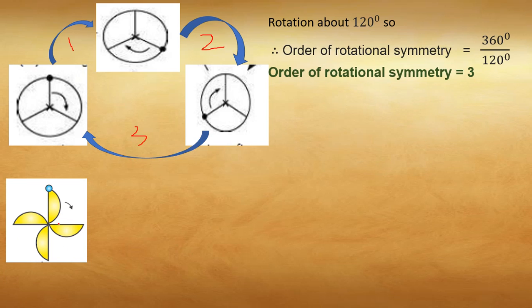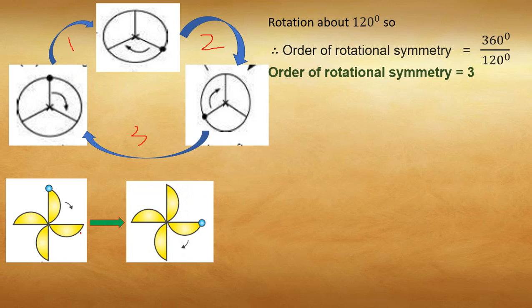This figure, when we rotate it by a complete circle, will look the same. When it turns by 180 degrees, again it will look the same. Let us consider when it turns by 90 degrees. The blue point which is shown in the first figure goes to the right side.